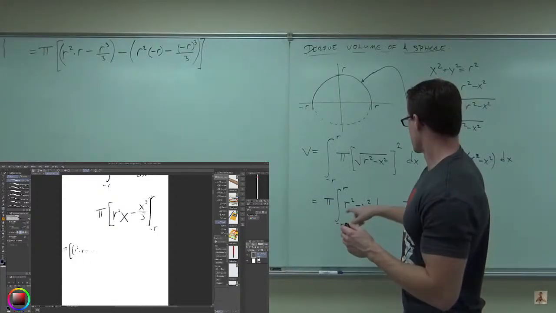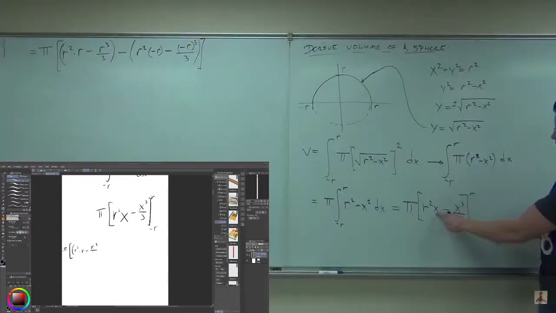Are you okay on where all those things are coming from? We've got our r squared r here, and then r cubed over 3, no problem. Then subtract the whole thing. R squared negative r minus negative r cubed over 3. Now be very careful with the signs. Don't lose anything. Don't mess anything up. That's the real key with these definite integrals.